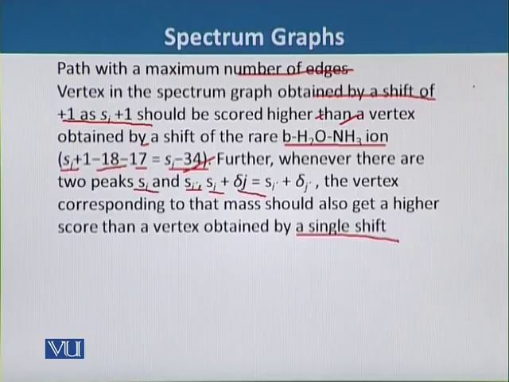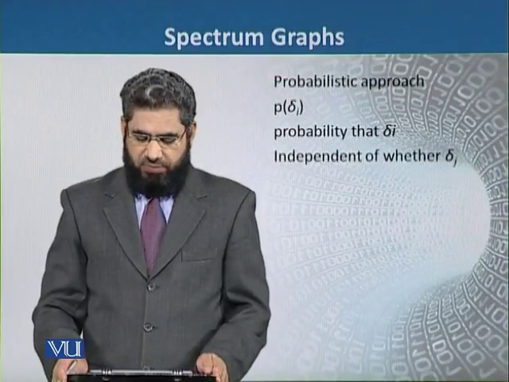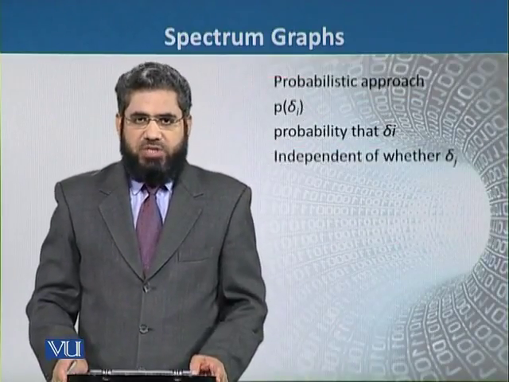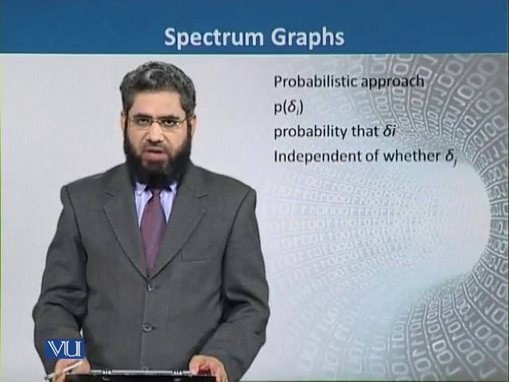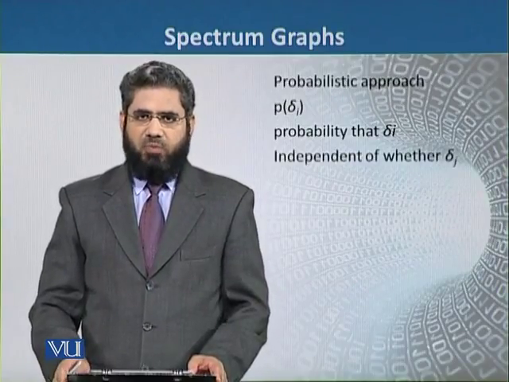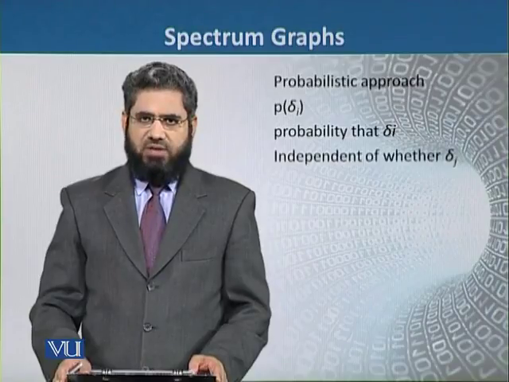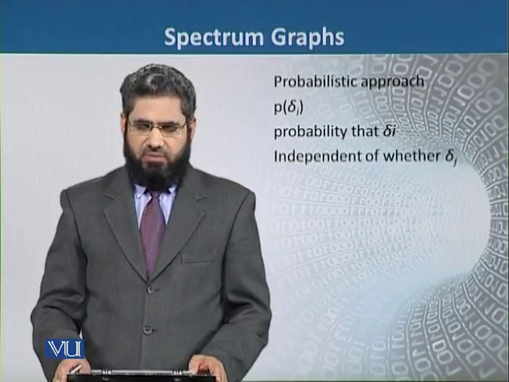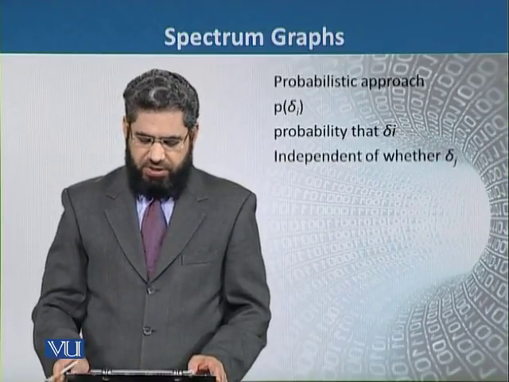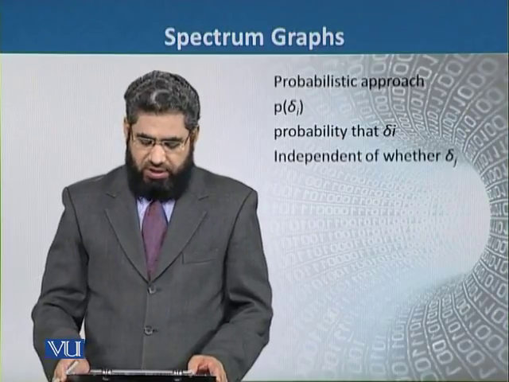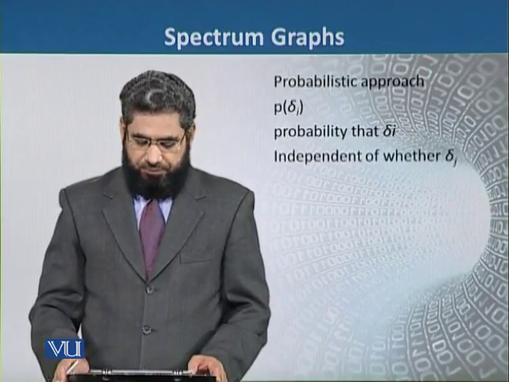by a single shift. In the probabilistic approach for the generation of the peptides and the ions, there is a probability by which these ions are generated, and they are represented by P for probability and delta i.